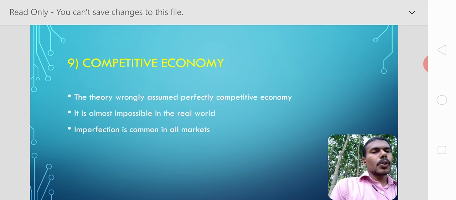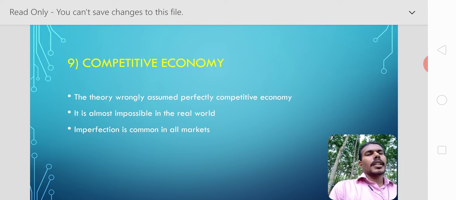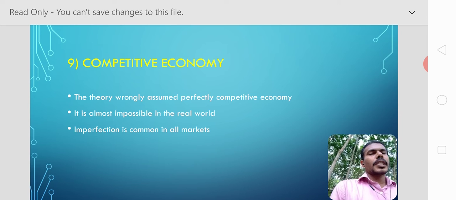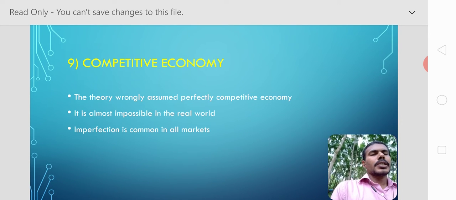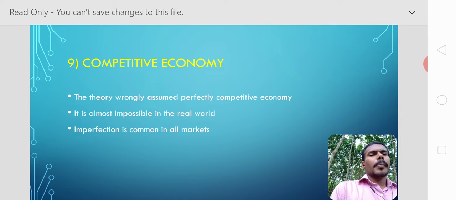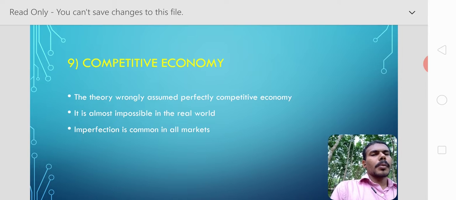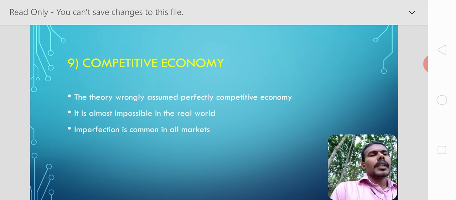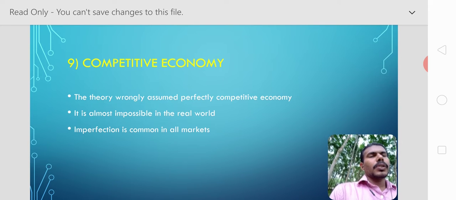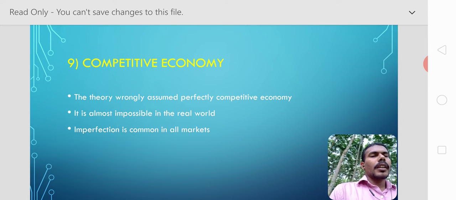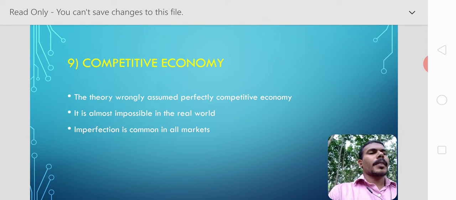Oligopoly is there, monopoly may be there, and monopolistic competition is there, but competition in the perfect sense is in fact absent according to the critics of the theory. So when markets in both nations are not perfectly competitive, then the absolute advantage of the nation, then trade will not happen as per the classical theory.